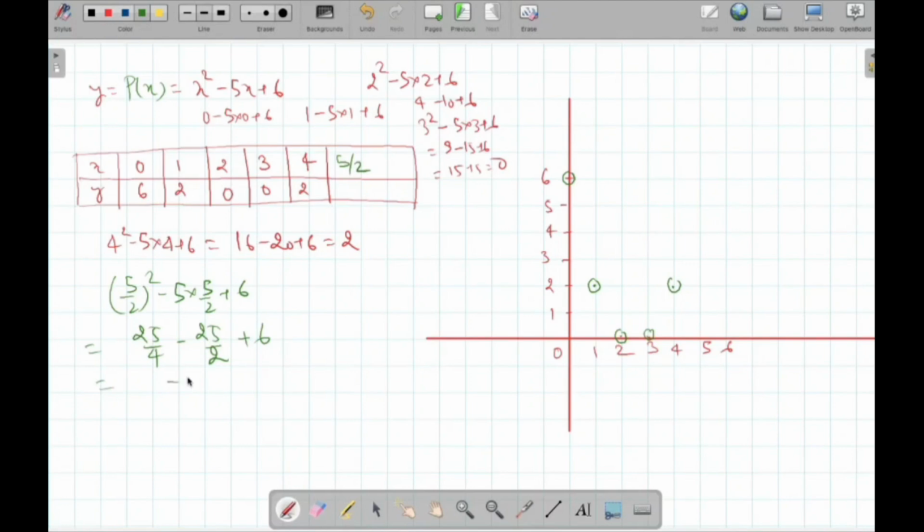This will be minus 25 by 4 plus 6, which will be minus 25 plus 24 by 4, which will be minus 1 by 4. So I'll get somewhere in between here minus 1 by 4, which will be somewhere over here. So this was a point over here.